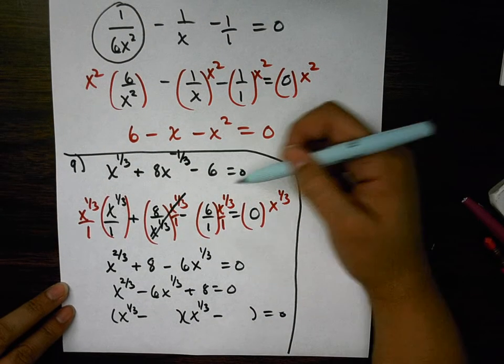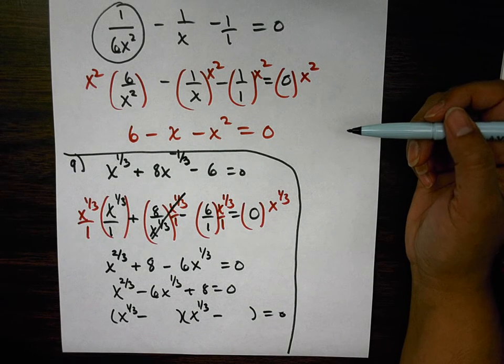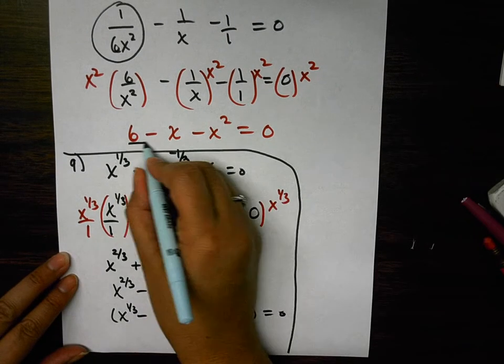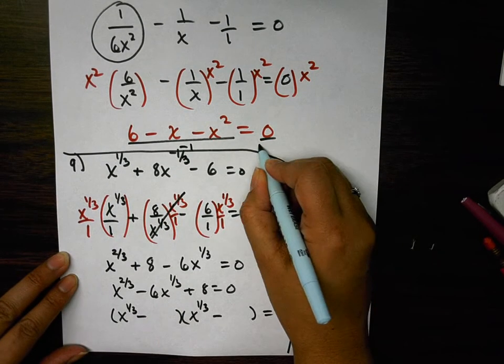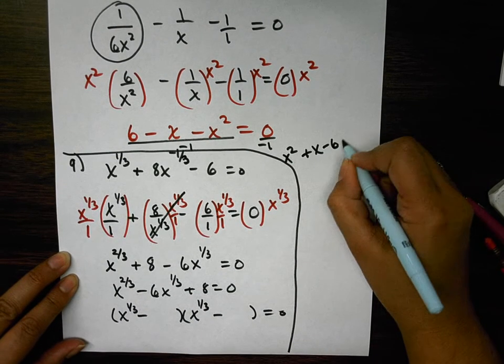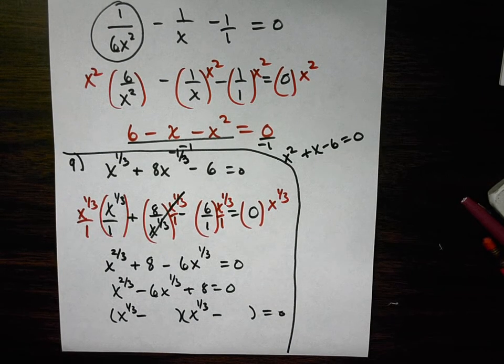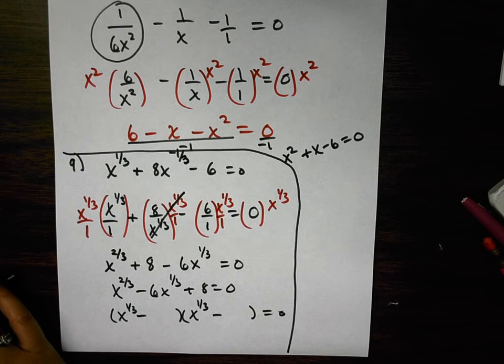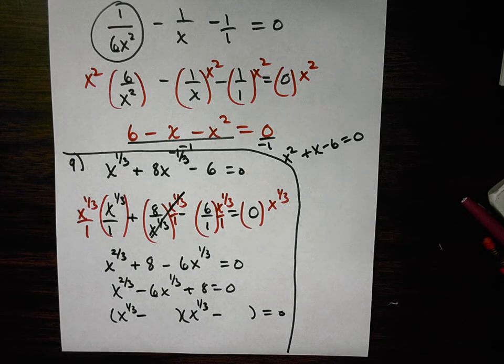Or you could divide everything by a negative and rearrange it. Or you can move everything to the other side. Which choice would you make? Divide everything by negative. So positive x squared plus x minus 6 equals 0. And that you can do? Yes. Okay. All right, any others?